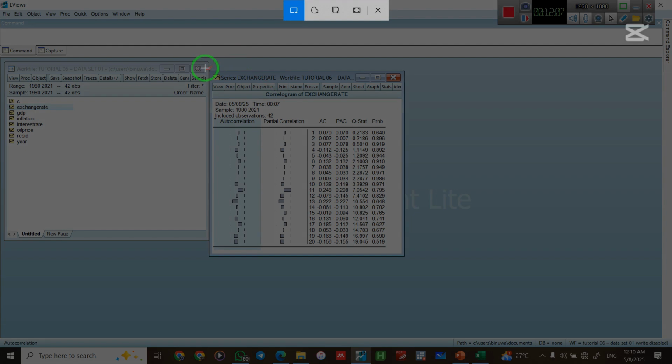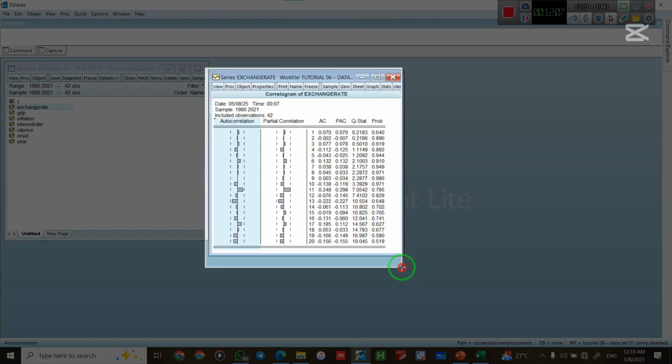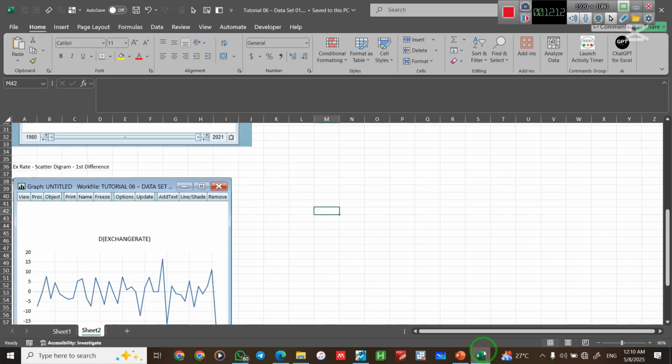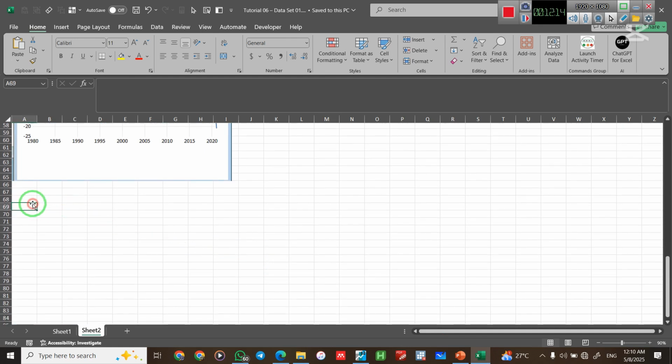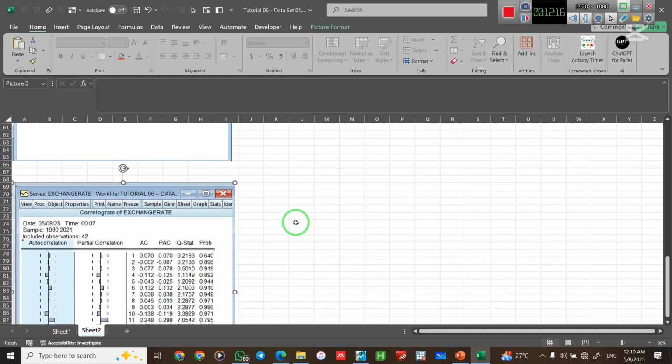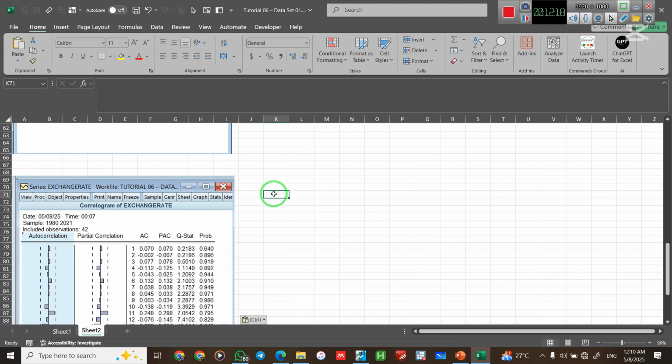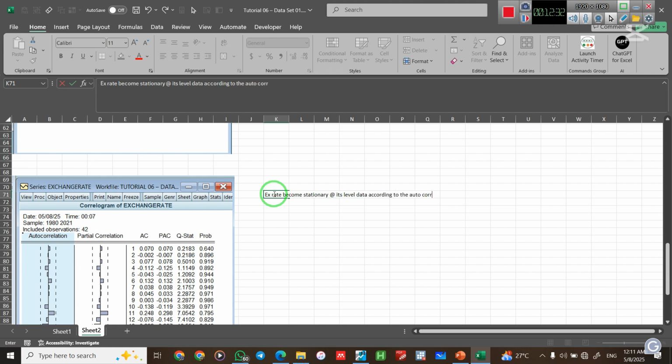So I will take a screenshot of this and go to my Excel, and I will paste it here, and I can say that exchange rate becomes stationary at its level data according to the autocorrelation function.